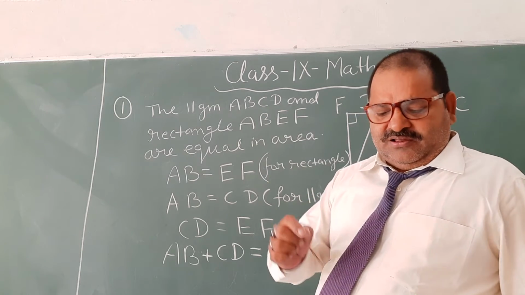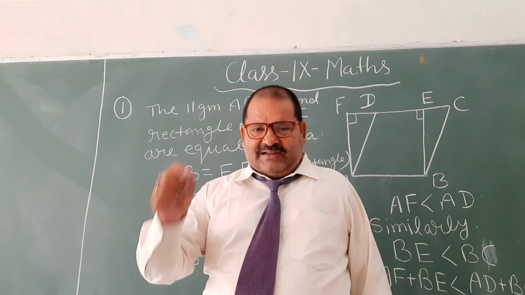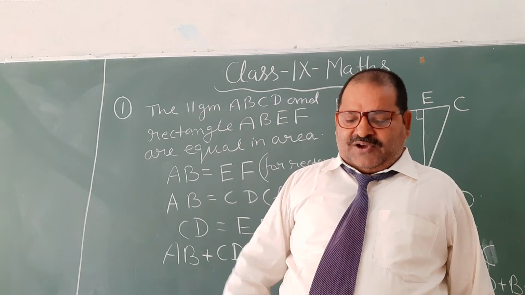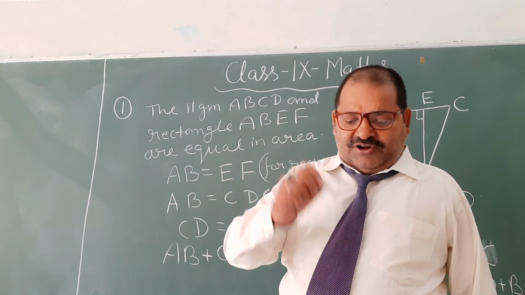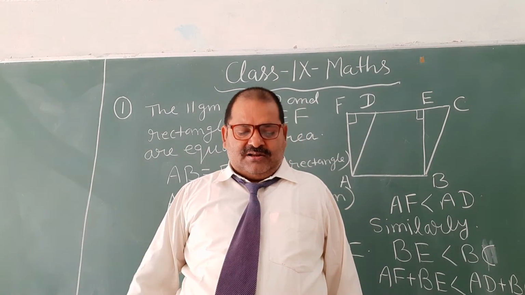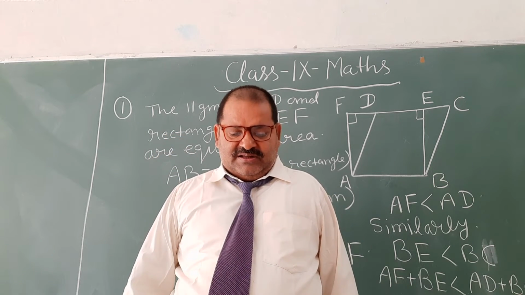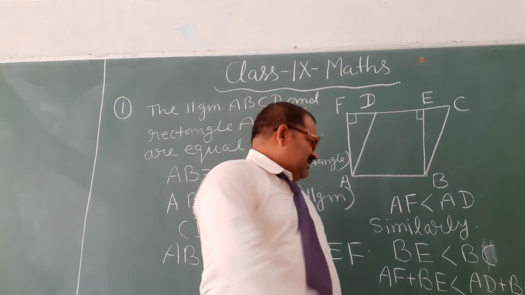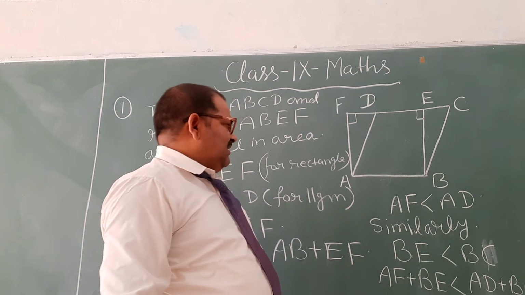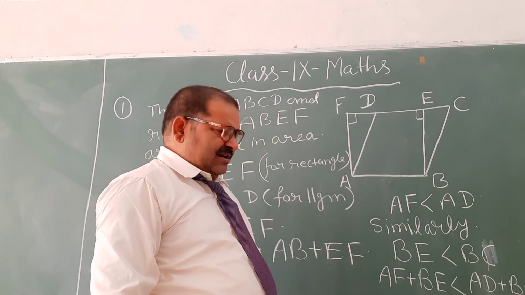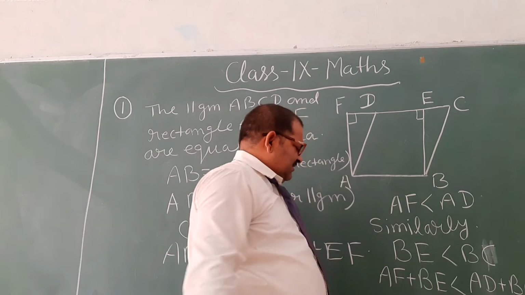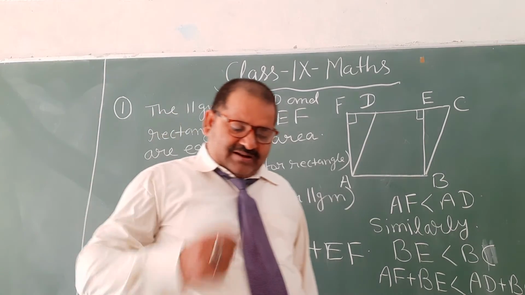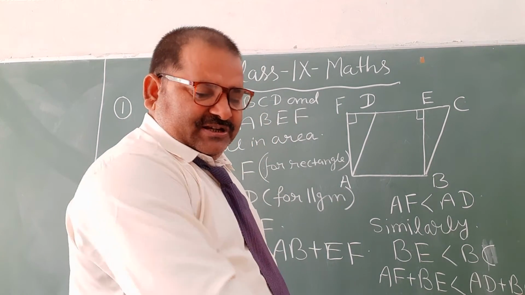Of all the line segments drawn to a given line from a point not lying on it, the perpendicular is shortest. Therefore AF less than AD, similarly BE less than BC. Adding both, AF plus BE less than AD plus BC.